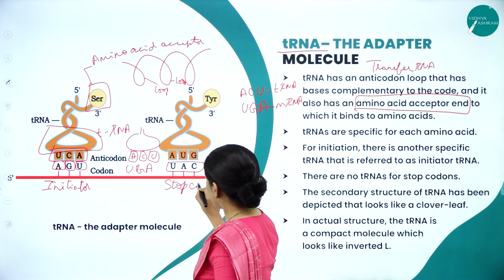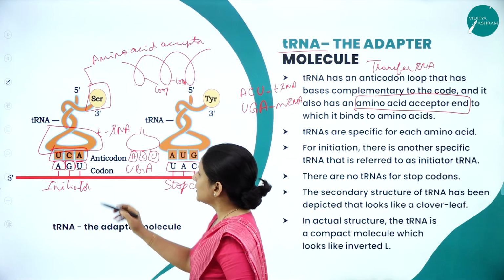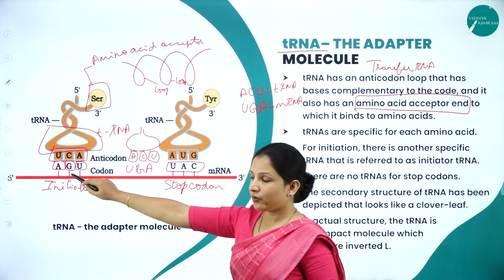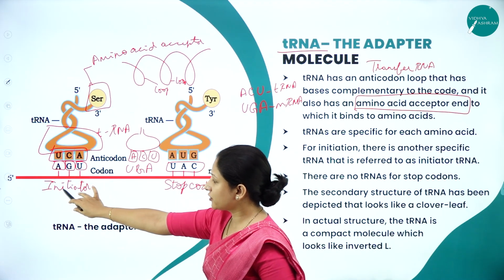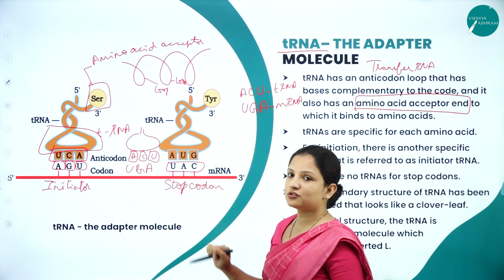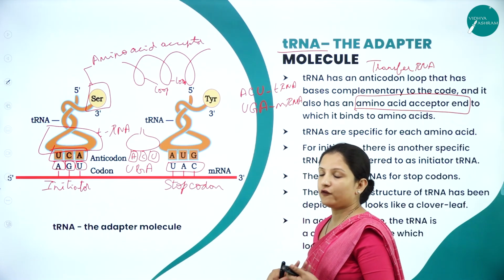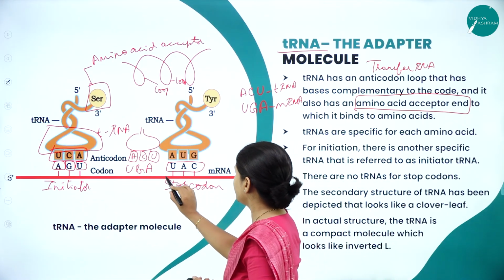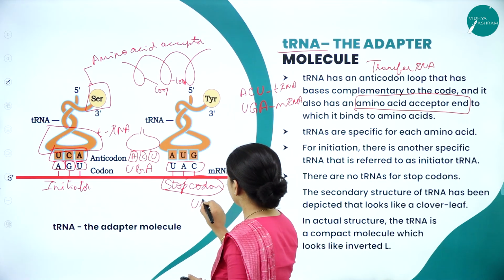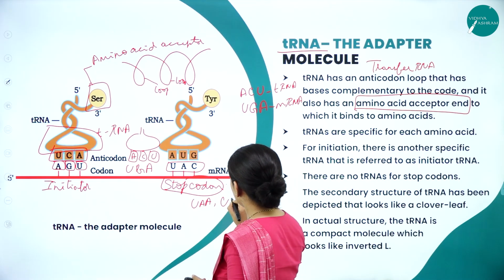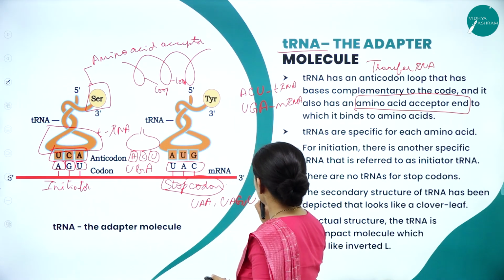So what do we mean by initiator codon and stop codon? The coding for the amino acid begins at the initiator codon and it ends wherever the stop codon is. The stop codons do not actually code for any amino acid, and they are UAA, UAG and UGA.